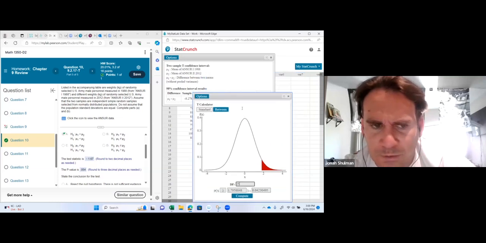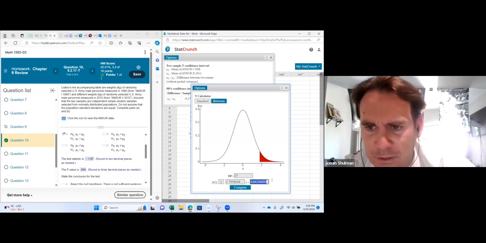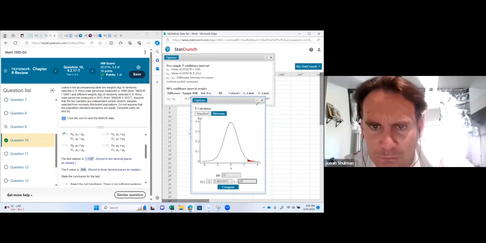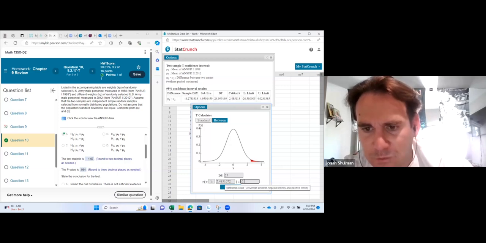And it's one tail, at the 0.01 level. But even though we're at the 0.01 level, we have to be on one tail. One tail, 0.01 level. What is my critical t? 2.485. Beautiful. So we get the exact thing we need.